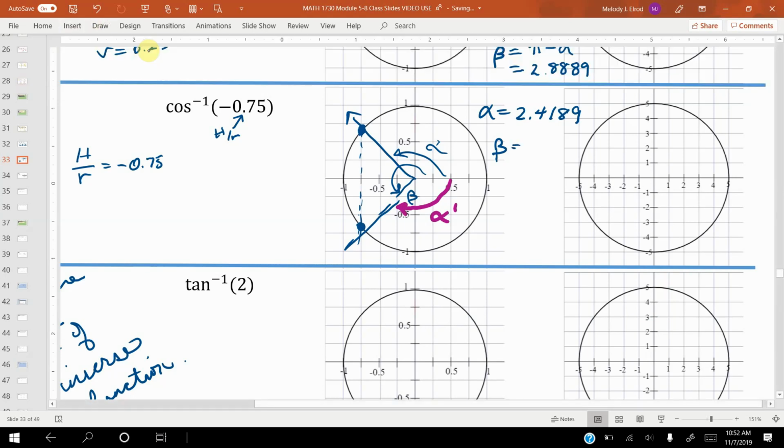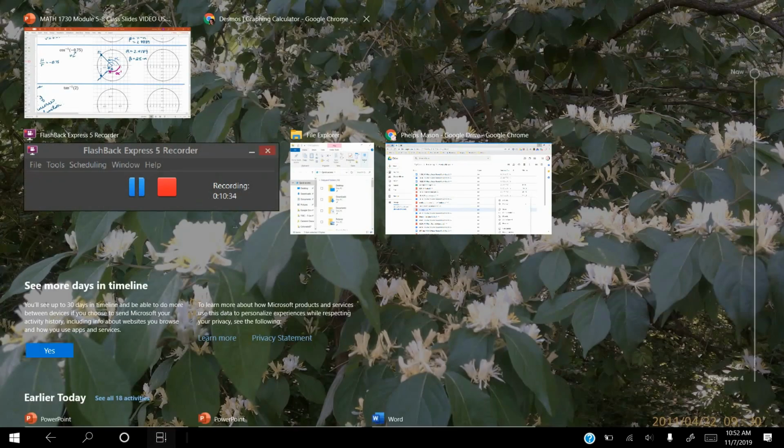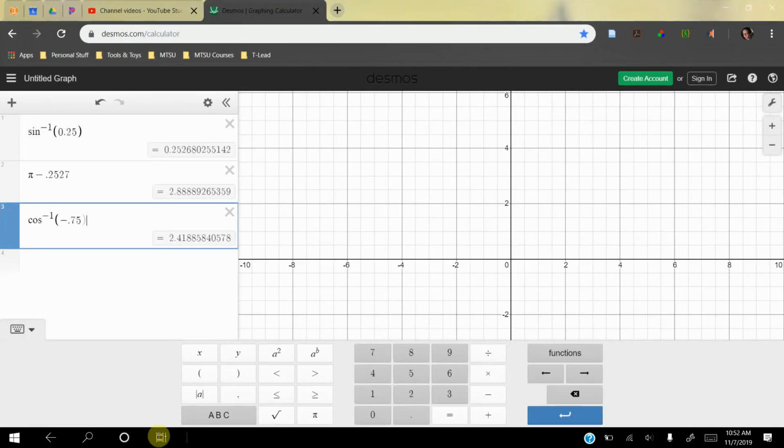And so beta is not going to be pi minus alpha, it's going to be 2 pi minus alpha, because if I take all of beta and alpha prime, I should get a full 2 pi, a full rotation. So let's find that, 2 pi minus alpha. By the way, a little shortcut to this is just to go to the beginning of this and say 2 pi minus, and it takes us right in there. So 3.8643.